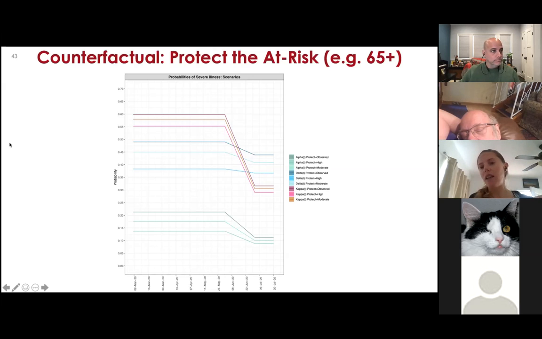So we take in that LA County data on the fraction of individuals that are infected in each compartment, and we isolate above that percentage. So we're taking into consideration what actually happened and adding to that. Okay, and then the results.